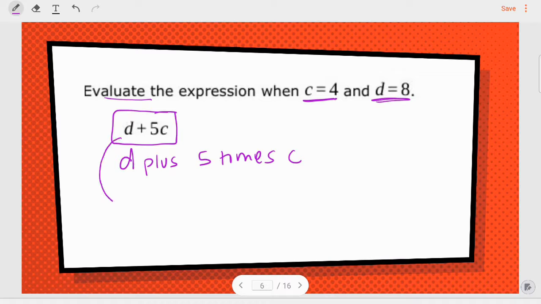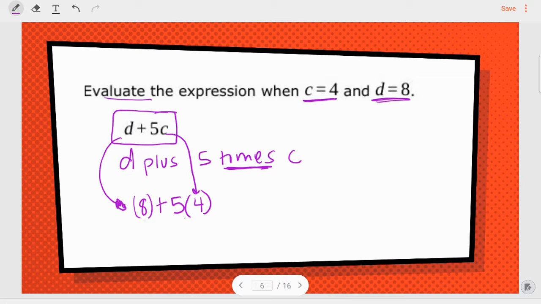So I'm going to retranslate this. Another name for d was 8, so I'm going to replace it with an 8. 8 plus 5 times, so this parentheses stands for multiplication, times another name for c is 4. So that goes in the parentheses. 8 plus 5 times 4.